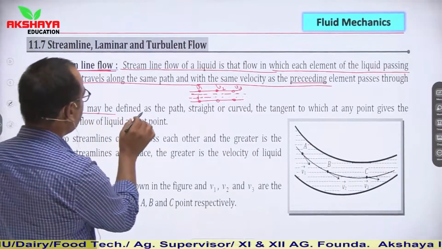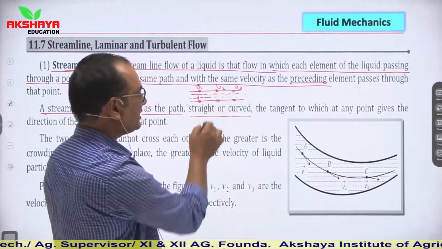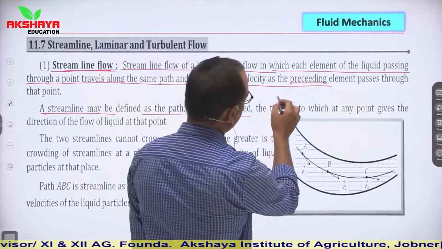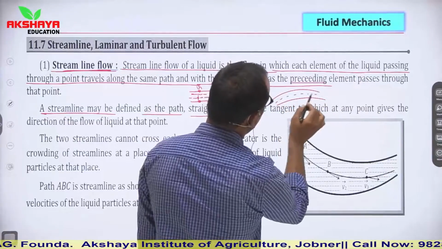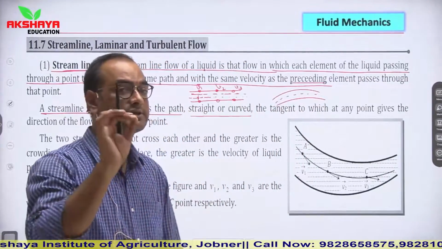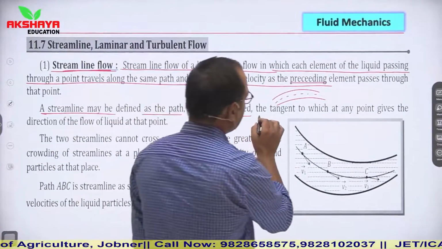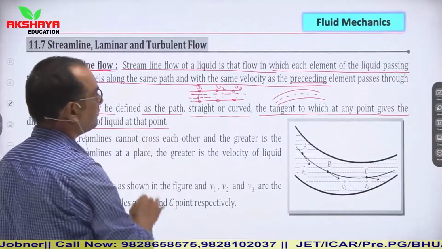A streamline may be defined as the path, straight or curved. Now I am considering here a straight path. It may also be a curved path, so it may also be like this. But the path should be the same, and velocity at a certain instant or a certain point should be the same. The tangent to which at any point gives the direction of the flow of liquid at that point.